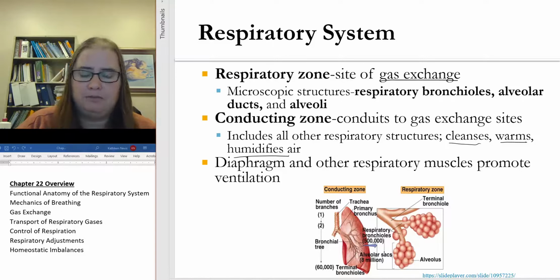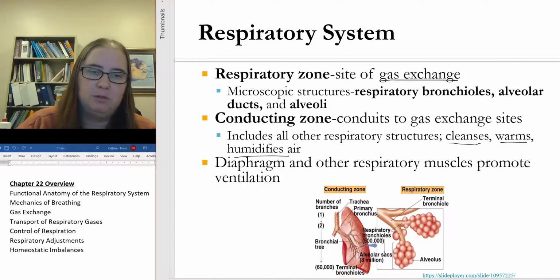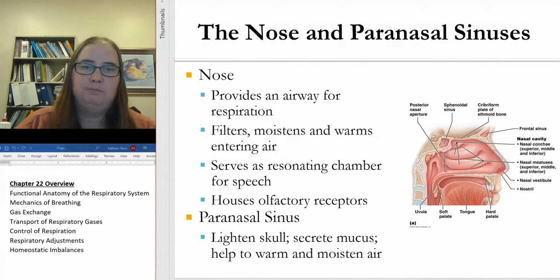For the sake of this lecture, I usually consider the terminal bronchiole as part of the respiratory zone, but everything prior to that is conducting zone. So your primary, secondary, and tertiary bronchioles, your main bronchi, your trachea, and up are all going to be conducting zone.